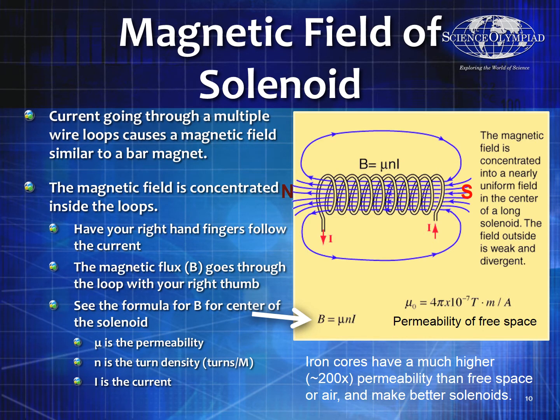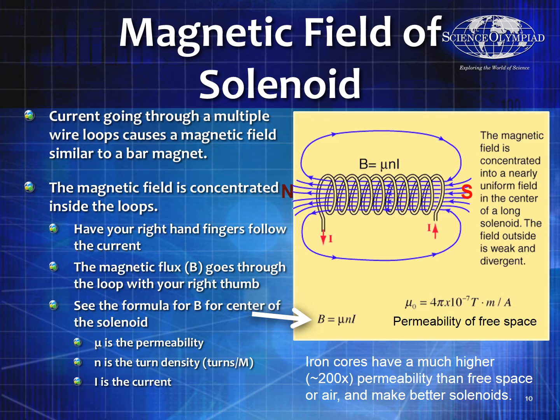So what if I take those loops and I keep doubling up those loops? If I keep doubling up those loops and then tripling the loops and adding in a whole bunch of loops, let's say n number of loops, I can create an electromagnet, also called a solenoid.